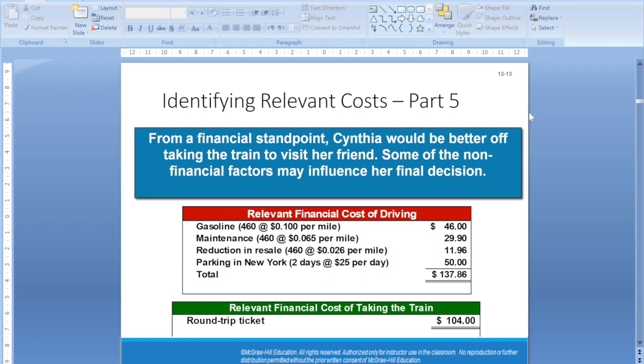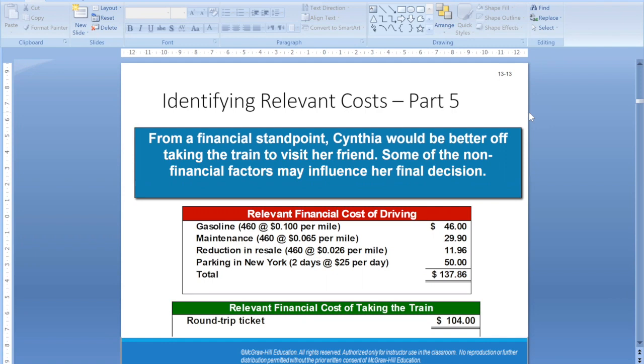The maintenance per mile is 0.065 multiplied by 460 miles, and the cost of the maintenance will be 29.9, and this is estimated. A reduction in the resale value, 460 miles multiplied by 0.026 per mile, will be 11.96. The parking in New York for 2 days, I'm paying 25 per day, so the cost for the parking will be 50.